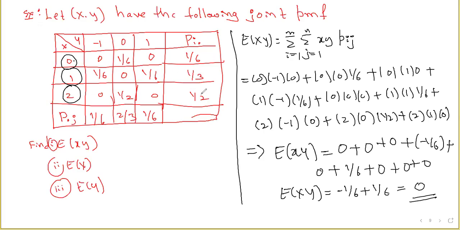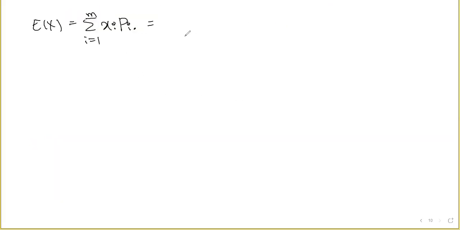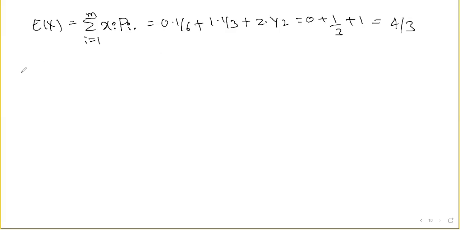Whenever x is 2, its probability is 1 by 2, right? So it is 0 into 1 by 6 plus 1 into 1 by 3 plus 2 into 1 by 2. So this is nothing but 0 plus 1 by 3 plus 1. So the answer is 4 by 3.